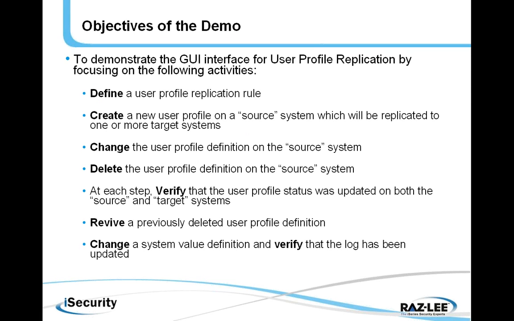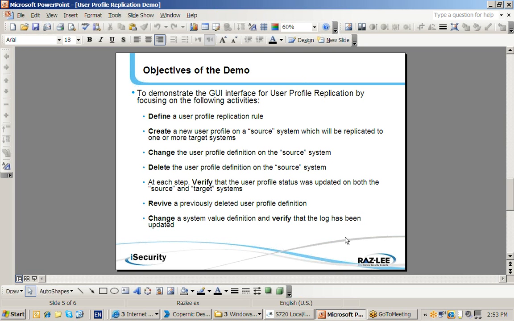We'll delete a user profile definition, and at each step we'll verify that the user profile status was updated correctly. The product enables us to revive a previously deleted user profile definition. When we do the revive, we can actually change some of the user profile definitions. And we'll also show how to change a system value definition and see it replicated, of course, and verify that the log was updated successfully.